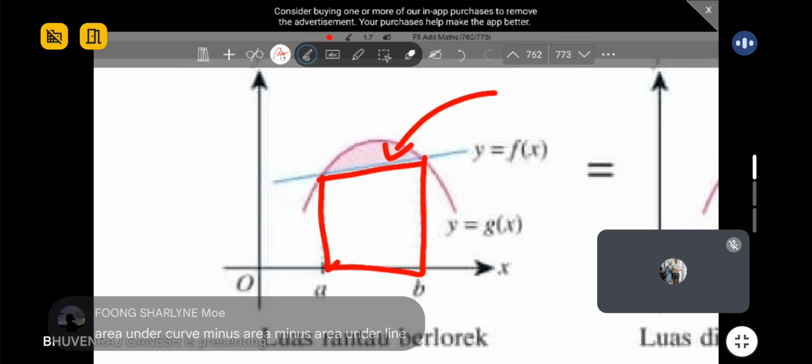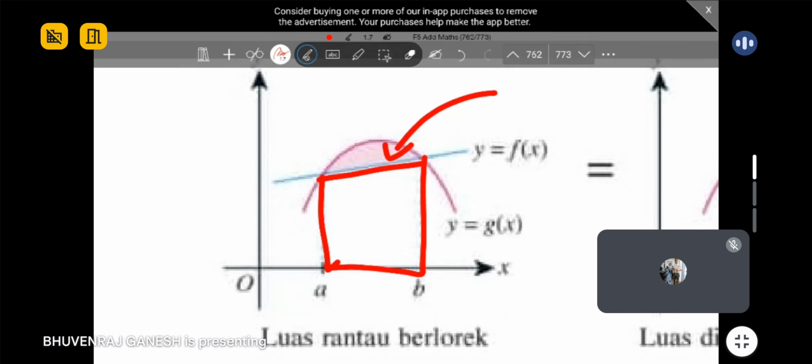Yes, minus the area under the line. Always remember, guys, although you see a trapezium, if you forget the formula for trapezium, tiba-tiba lupa, it's all right. You just integrate the area under the line. Kamu kamilkan luas bawah garis lurus tu. Kamu akan dapat jawapan sama macam luas trapezium. You will get the exact area.